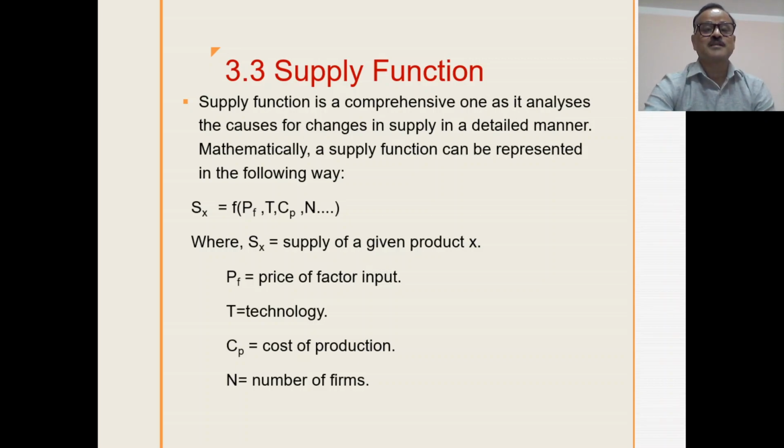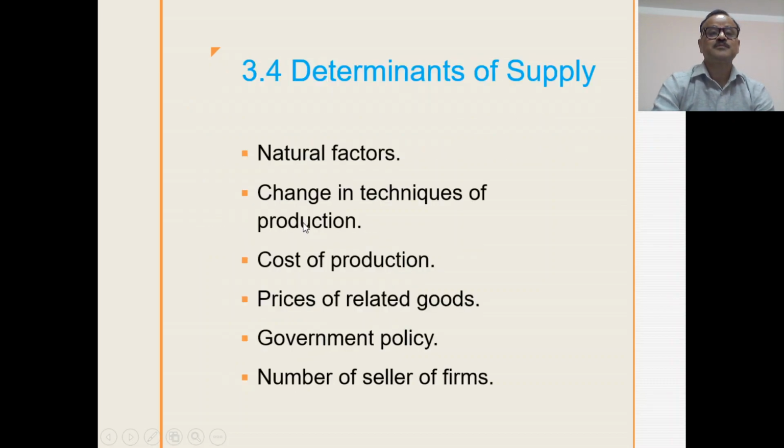All these factors are the independent variables, and this is the supply of good X, the commodity X, which is dependent on all the independent factors.